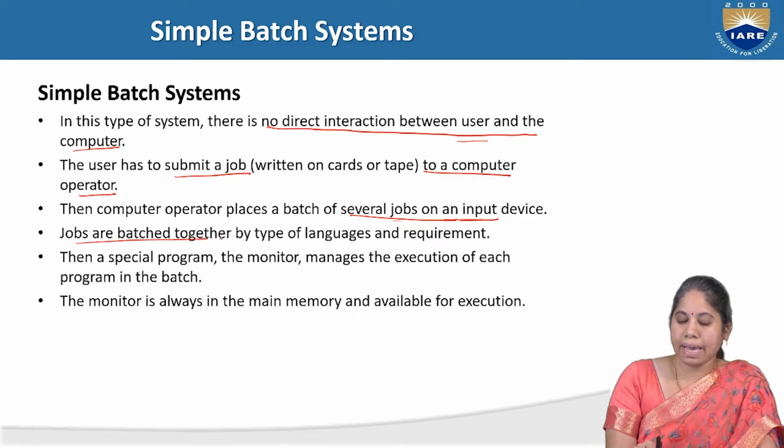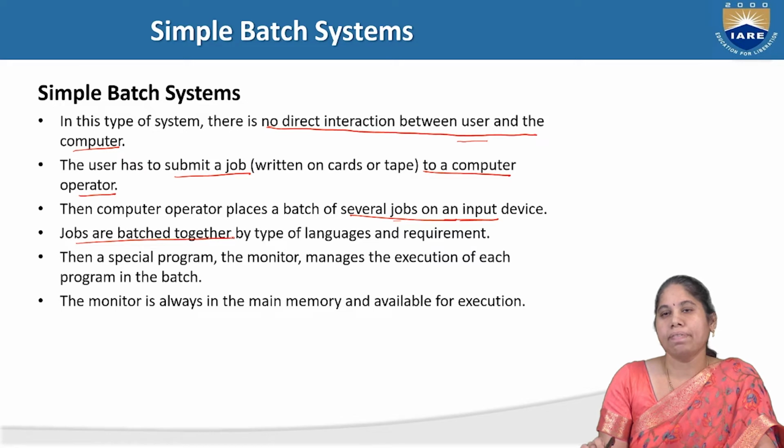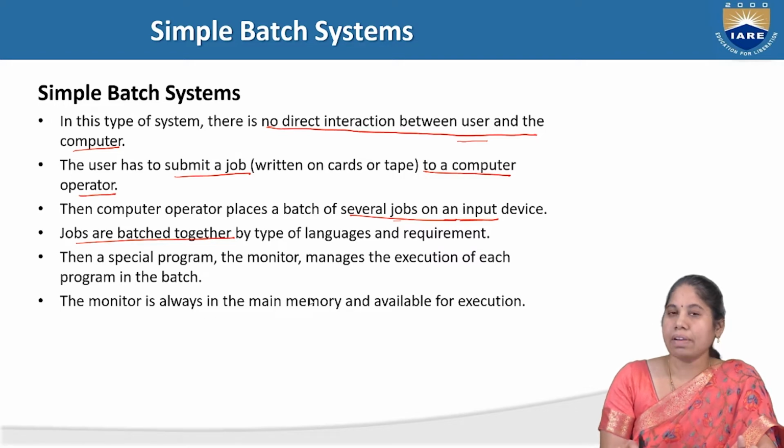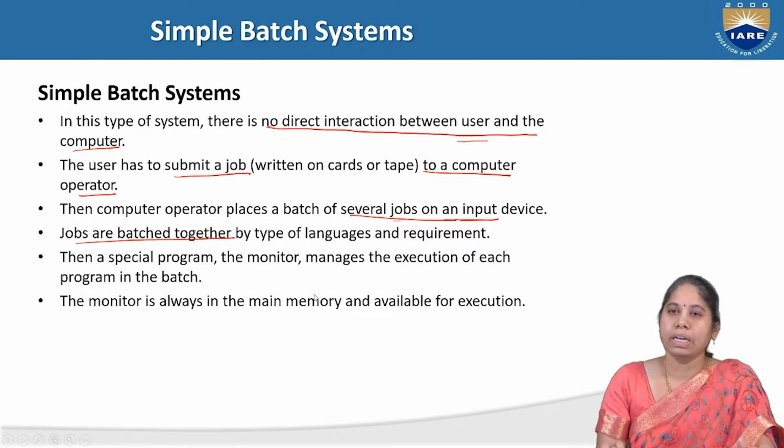These jobs are batched together by type of language and requirement. After that, a special program in the computer, which is nothing but a monitor, will take care of the processing of the jobs. The monitor always sits in the main memory and is available for execution.